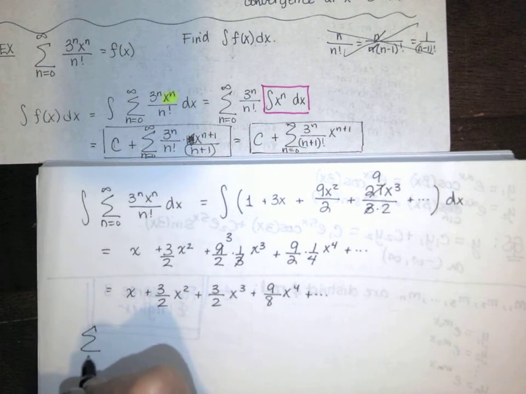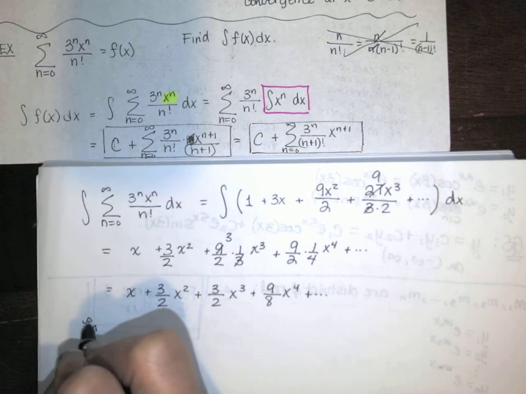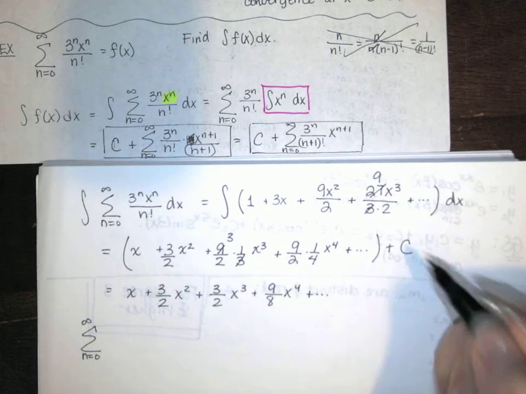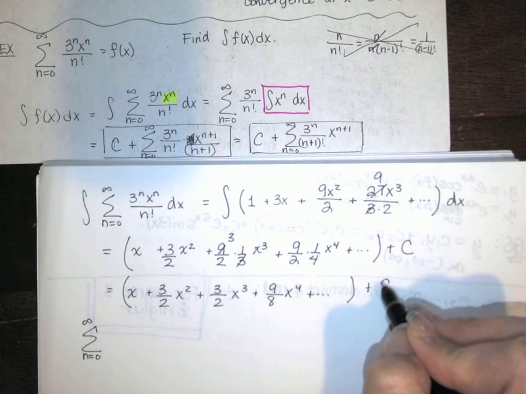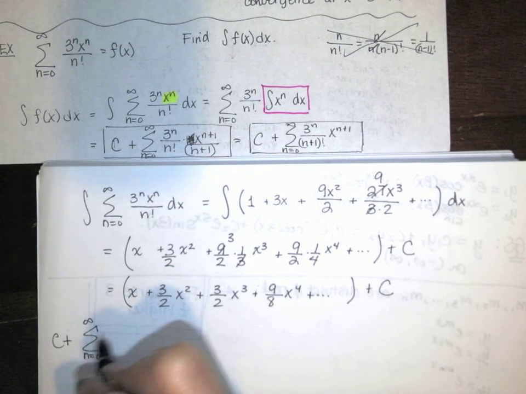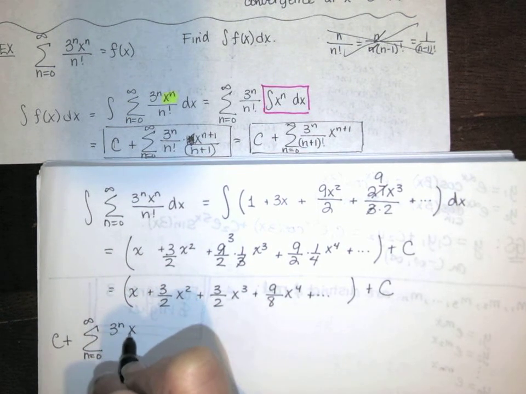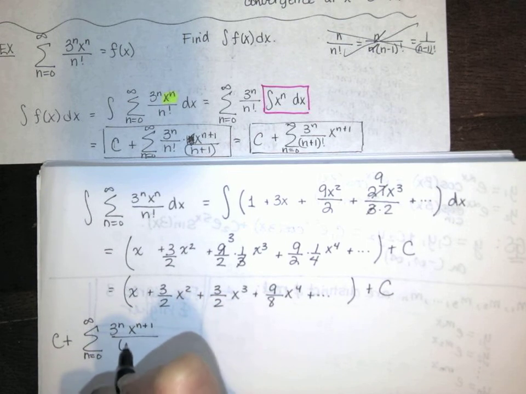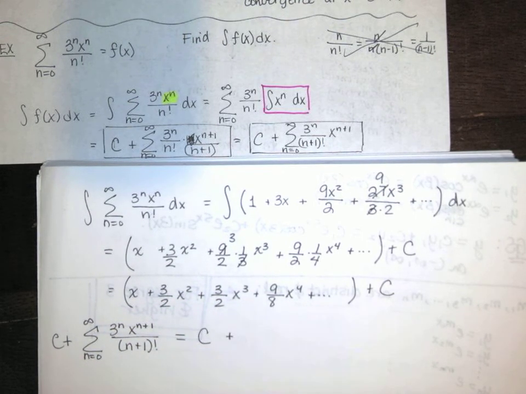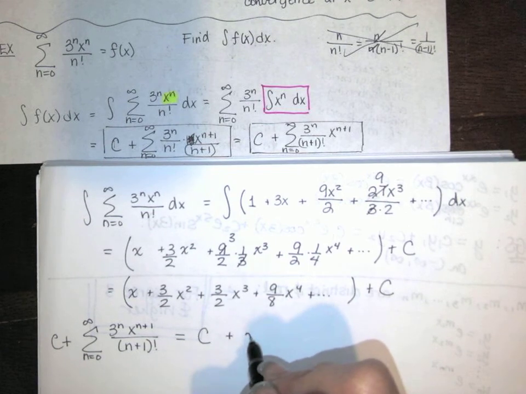So I've got the sum as n goes from 0 to infinity, and actually I would get all of this plus c. Let's make sure to say that, plus c. Of c plus 3 to the n times x to the n plus 1 over n plus 1 factorial. So I have c plus, when n equals 0, we get 3 to the 0 times x to the 0 plus 1, so that's x over 1 factorial, so we just get x.